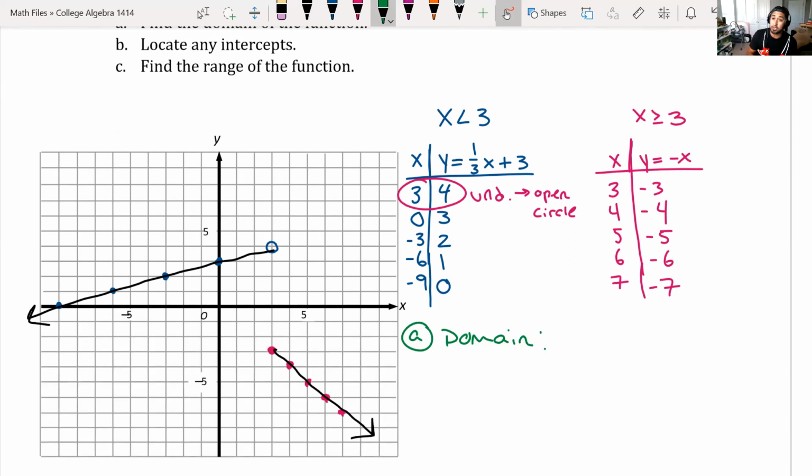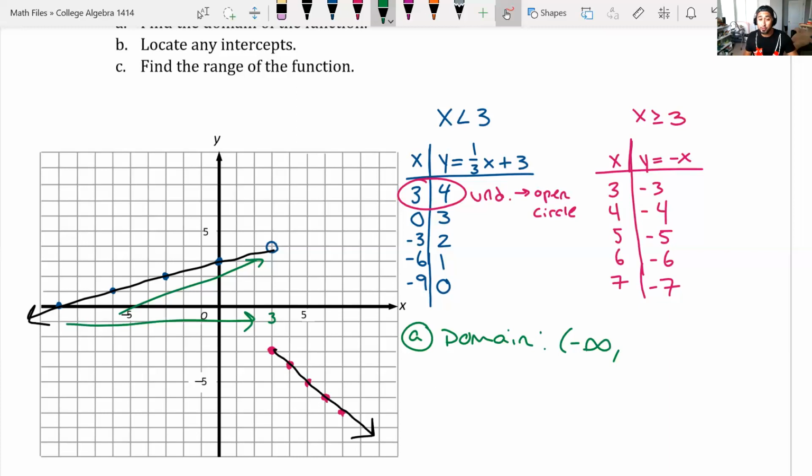So looking at the graph from left to right, this tail, these x values are headed towards negative infinity. So we put negative infinity. And then coming to the right, so here is 1, 2, 3. Okay. So as we approach 3, we see that we come to an open circle.